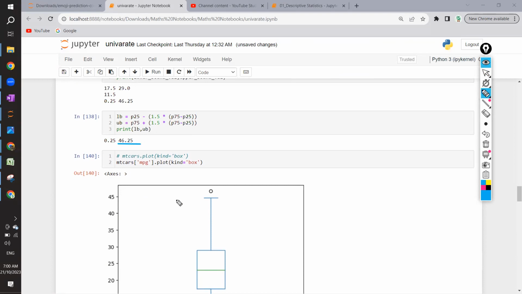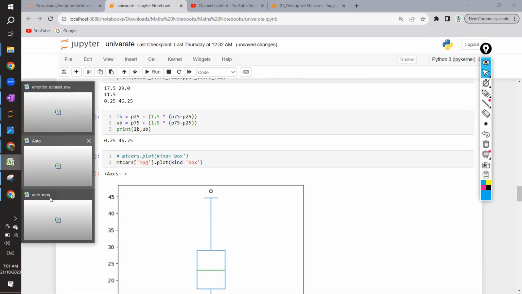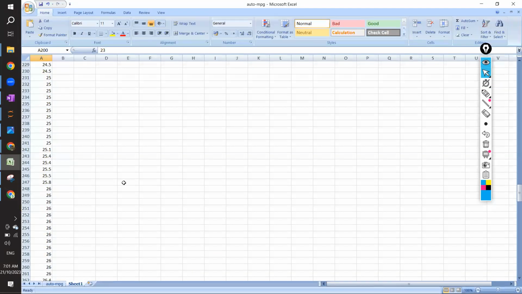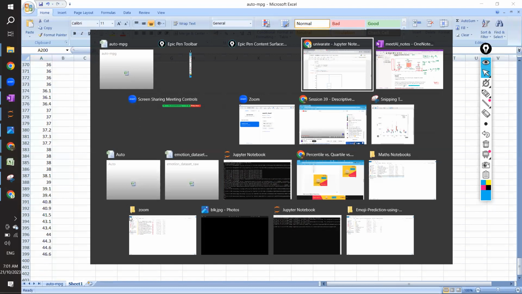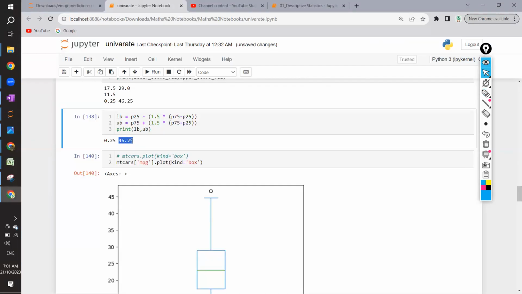But anyhow, now if you see here, the upper bound is 46.25, somewhere over here. And it is showing one outlier. So from the data set, what is the upper bound, guys? Upper bound is 46.25.